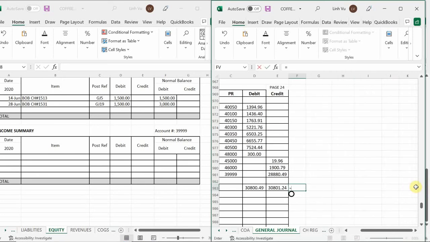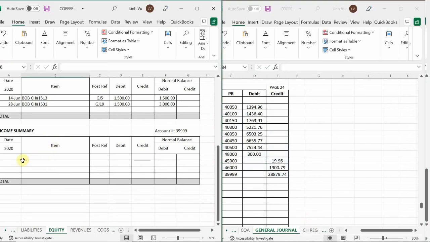I can also do this where I minus the difference here, and it'll give me this number right here. It is 28,879.74. There you go. Even out. Okay. So that means that's how much income I have closed out.